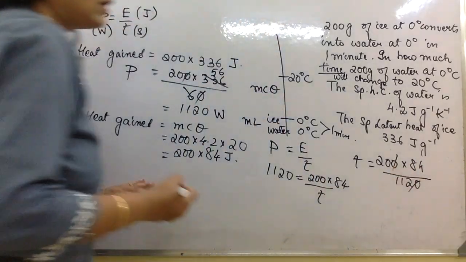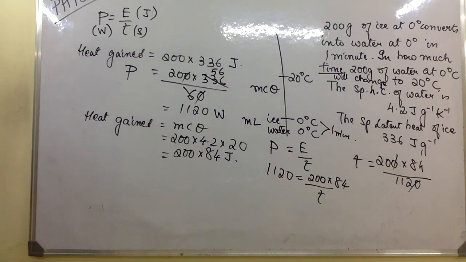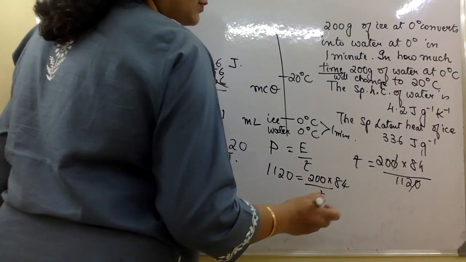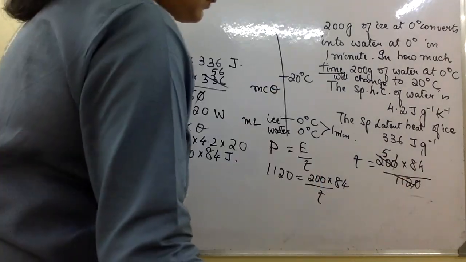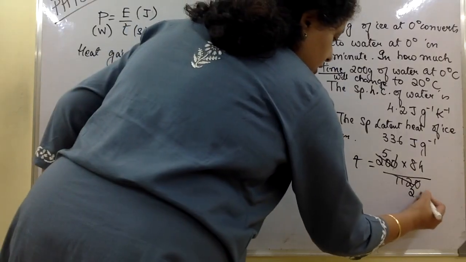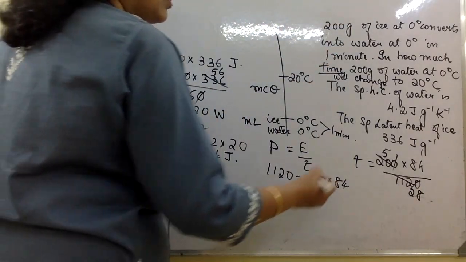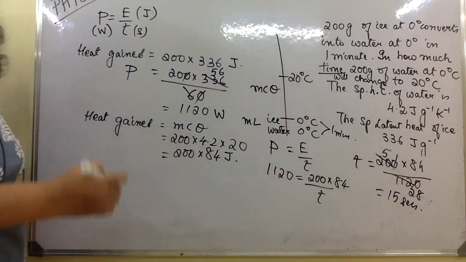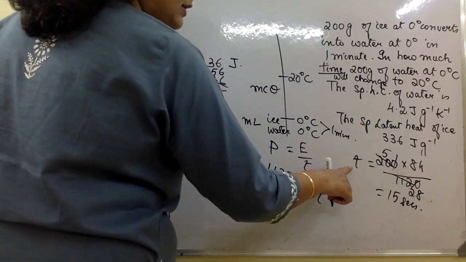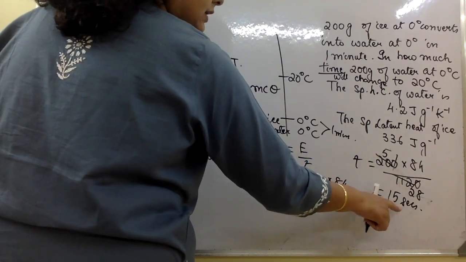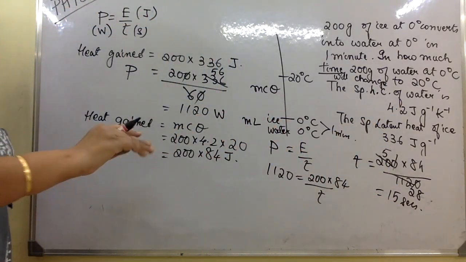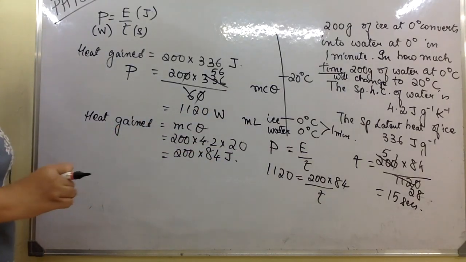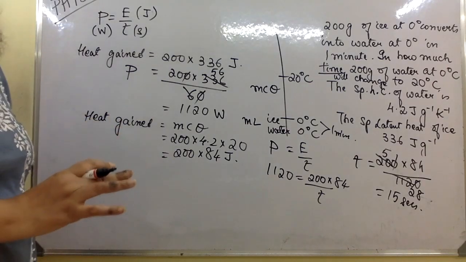Cut this, and if we calculate this further, we'll get just 15 seconds. Remember, as long as I have this in joules and this in watts, my answer has to come in seconds and in no other unit, because it is from the power formula. So this is how we do this question.